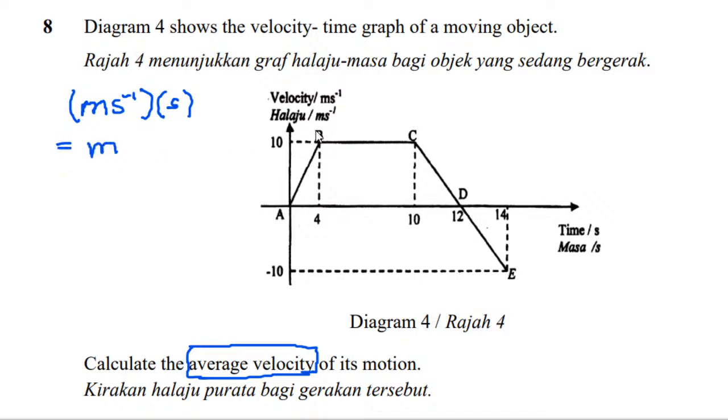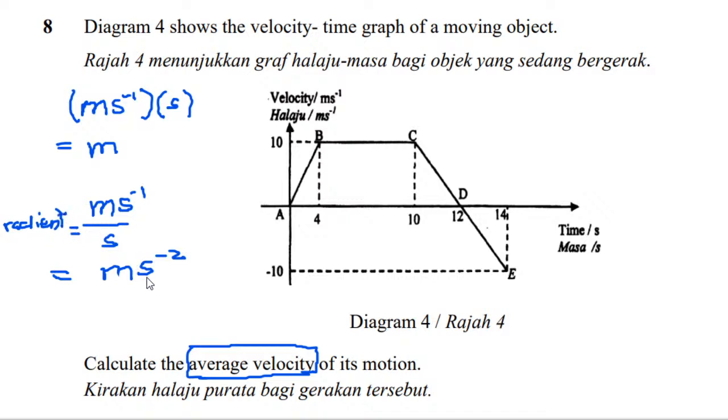What about the gradient of this graph? For the gradient, you divide the vertical axis, m s^-1, by the horizontal axis, seconds, and you see that the unit is m s^-2.